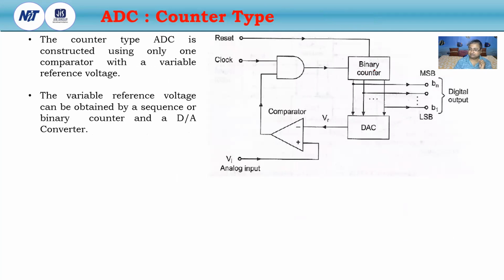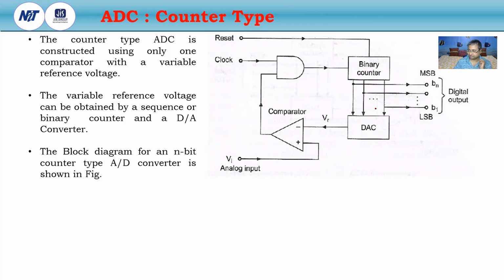If this is an n-bit binary counter, it counts 0 to 2 to the power of n minus 1. Suppose this is a 3-bit counter, it counts 0 to 2 to the power of 3 minus 1, that means 0 to 7. So a total of 8 clock pulses.